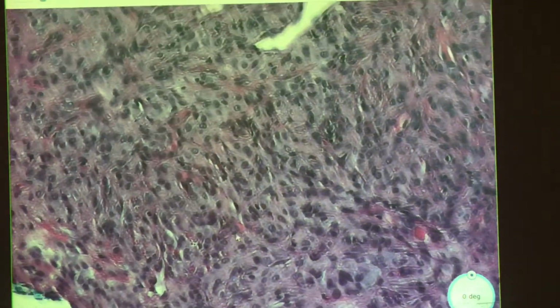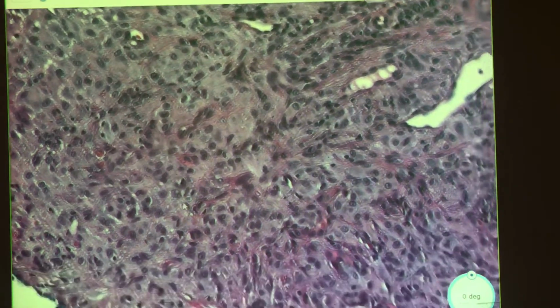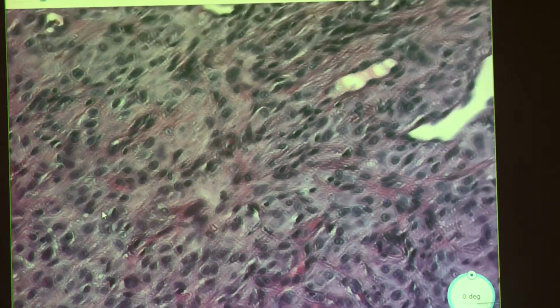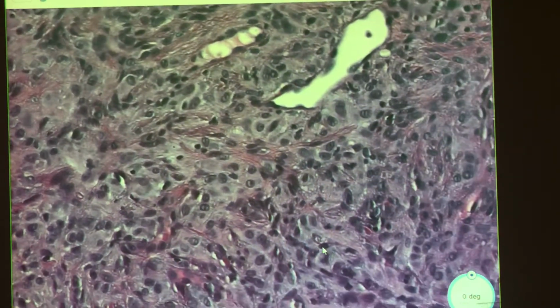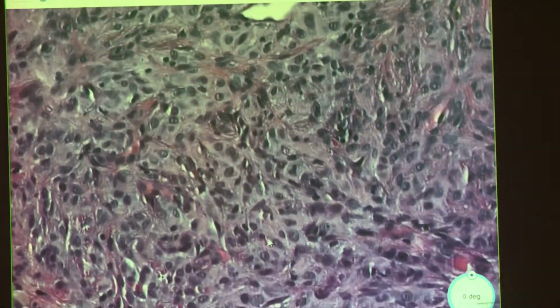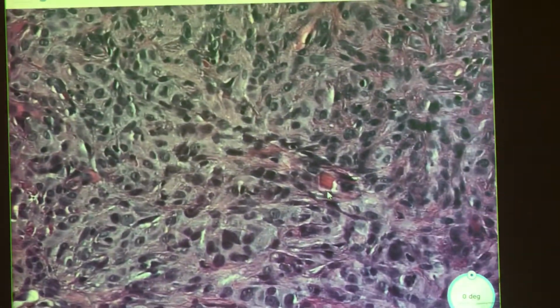Higher power. It has abundant cytoplasm. Yes. And can I say epithelioid? Yes, you can. This is epithelioid. Pretty bland looking.